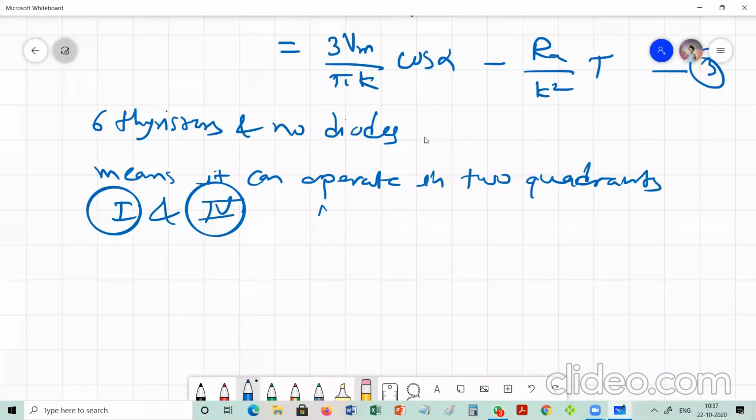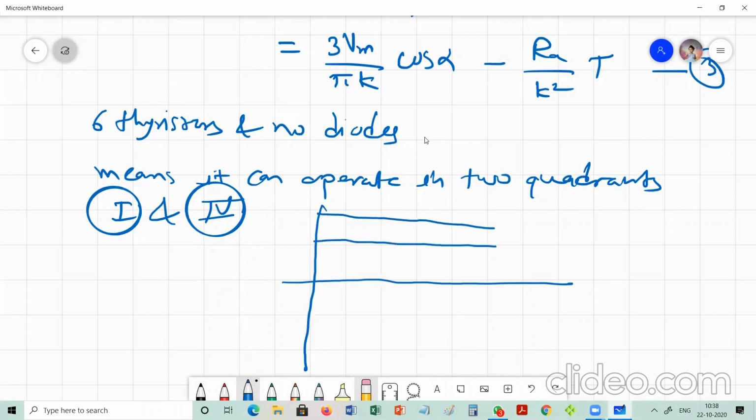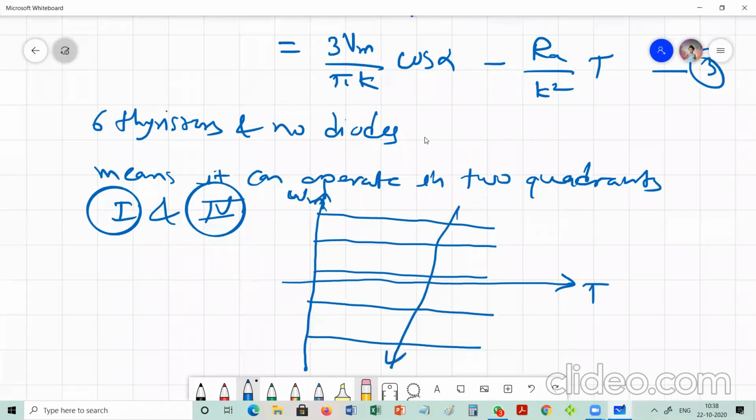So the characteristics will look like this. This is for alpha equal to 0 degree. Then as we increase the value of alpha, we will get graphs like this. The y-axis is speed, the x-axis is torque, and this is the direction of increasing alpha. Such types of graphs we will get.